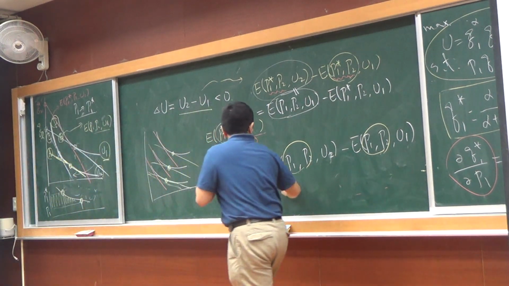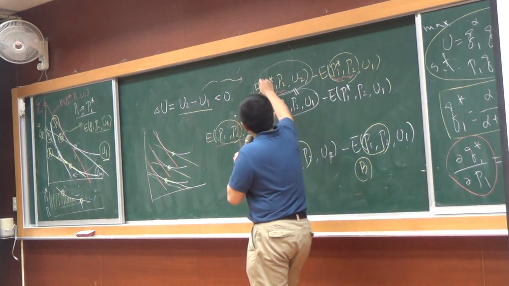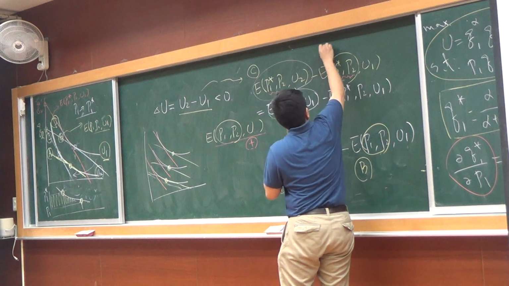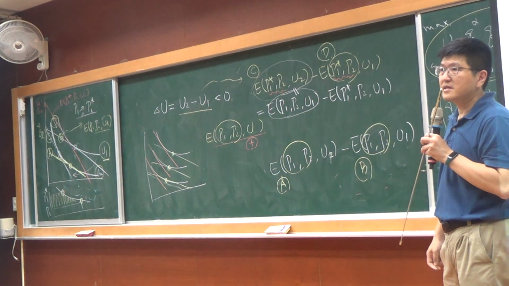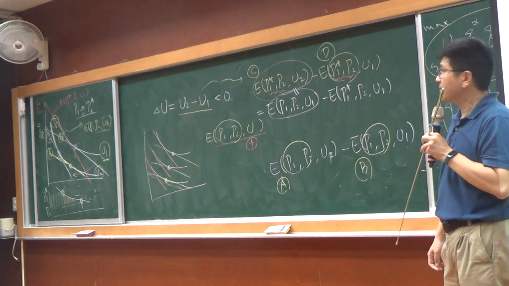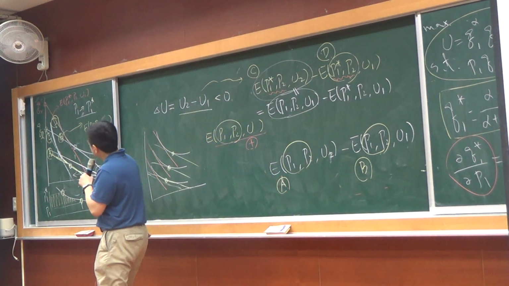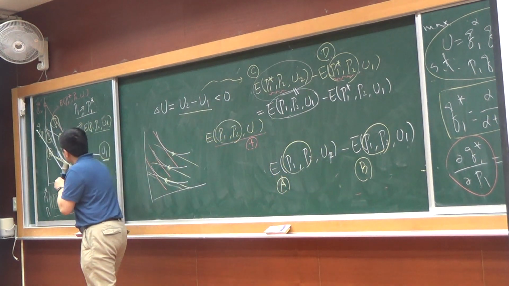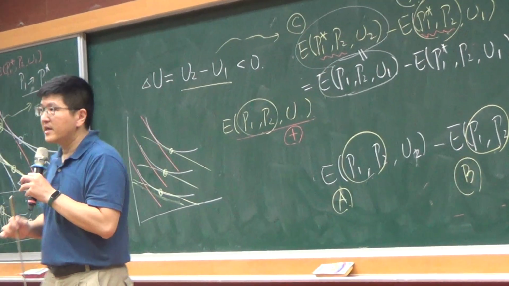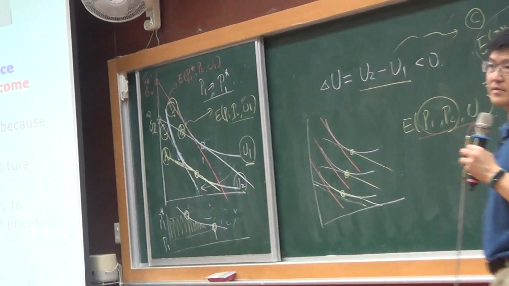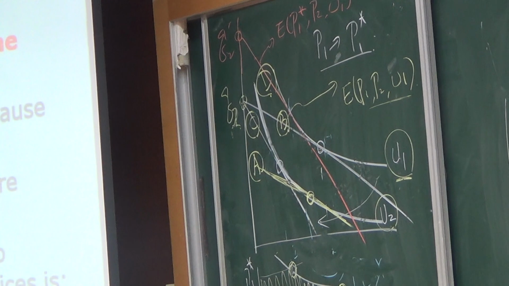So it's A, and B, and C, and D. Is that clear? You may compare A, B. You may compare C, D. So either way tells us that we are worse off because of the increase in P1.